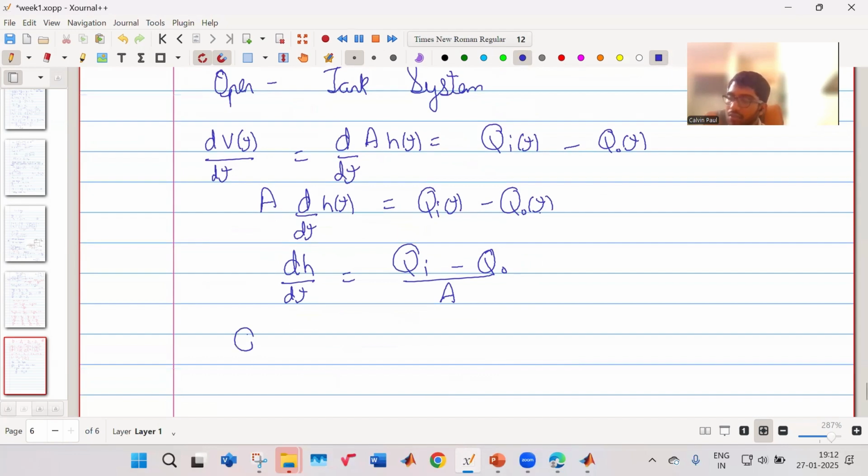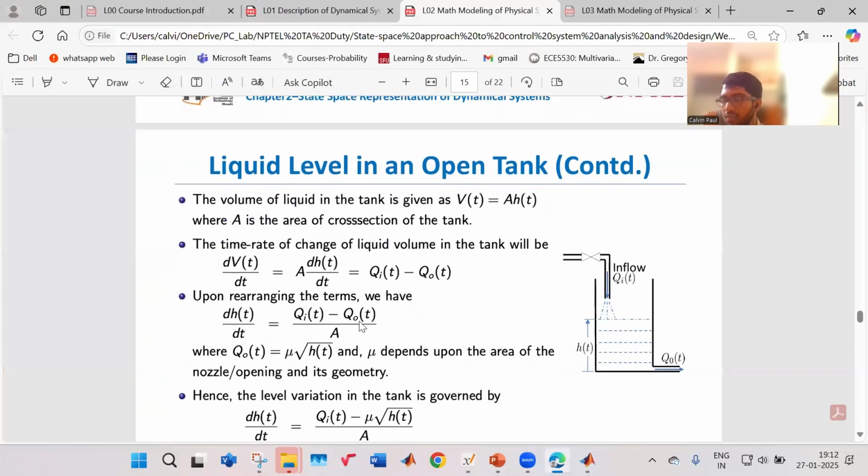Similarly, the flow going out is given by mu into square root of h. As you can see over here, this q naught is mu into square root of h, depending on the height. Mu depends upon the nozzle and so on.